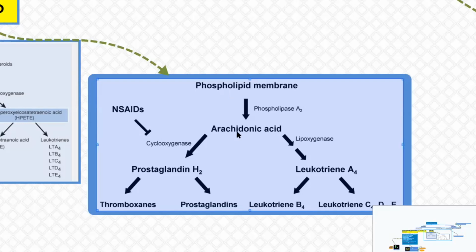From the arachidonic acid, another very important enzyme, cyclooxygenase, converts it into prostaglandin. If you are using any drug in the category of non-steroidal anti-inflammatory drugs, it will affect cyclooxygenase and prevent the production of this inflammatory mediator, and hence decrease the inflammation. That is why it is called non-steroidal anti-inflammatory. It decreases the pain, and that is why you use NSAIDs: they decrease the inflammation and the pain.